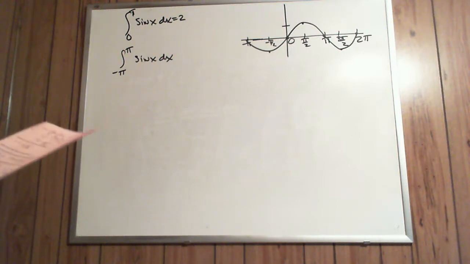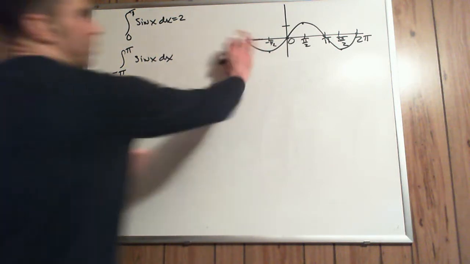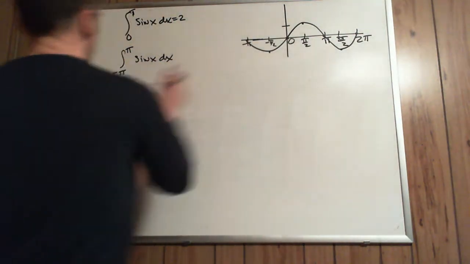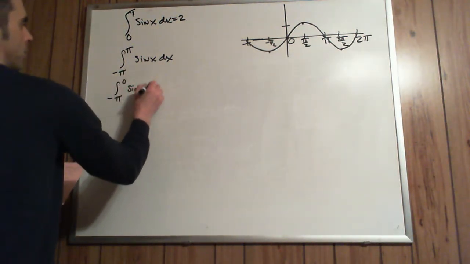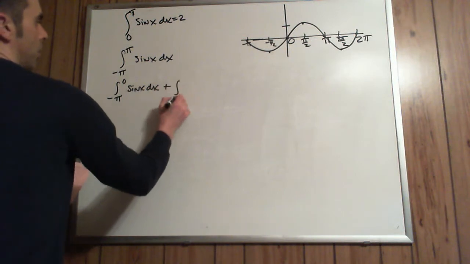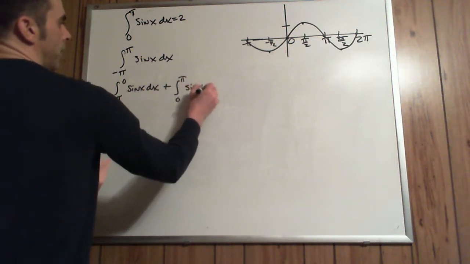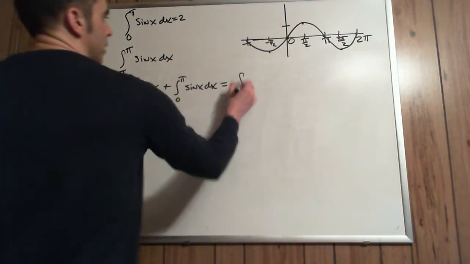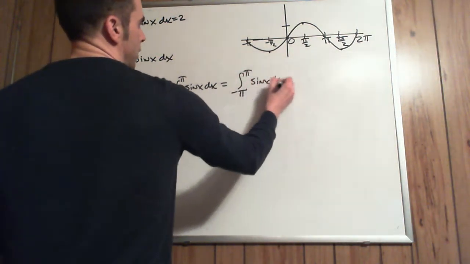Well, I kind of cheated a little bit because I used the graph. I could use the graph if I wanted to. I could see that the integral from negative pi to 0 of sine x dx plus the integral from 0 to pi of sine x dx would give me the definite integral from negative pi to pi of sine x dx.